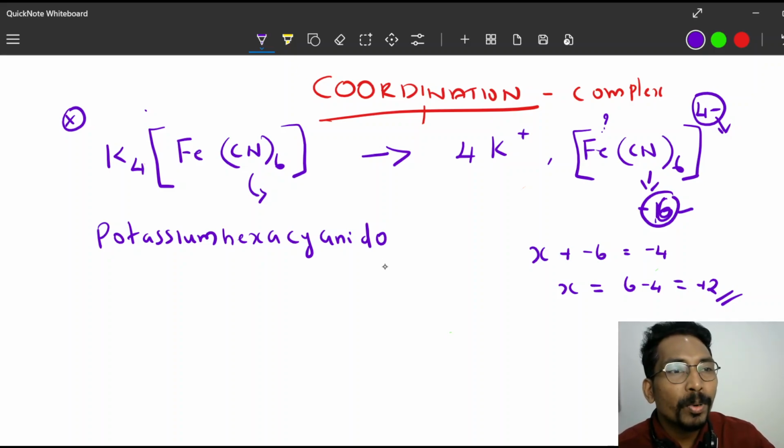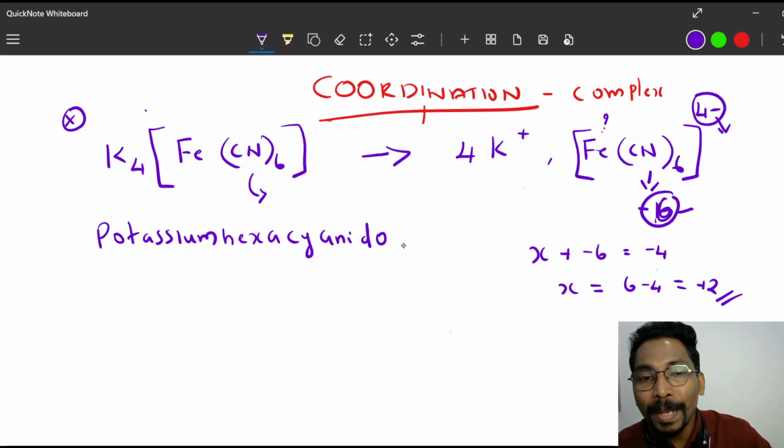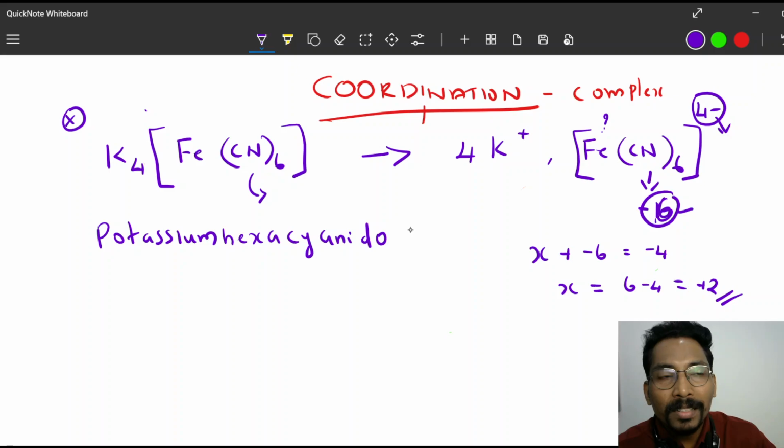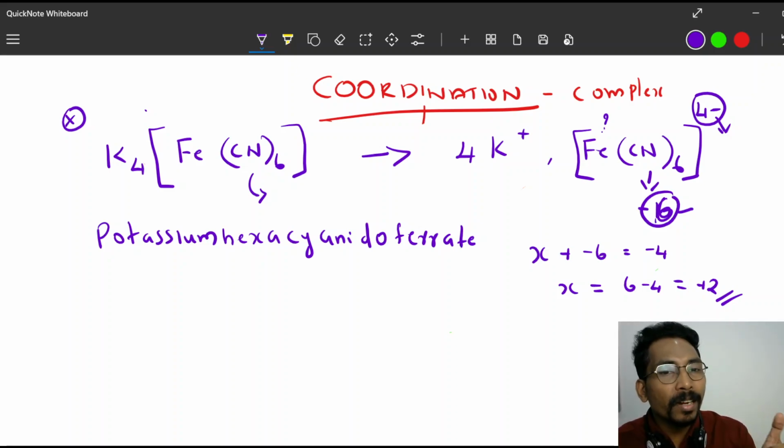Okay, so potassium hexacyanido. So how can you name the central metal atom? It is iron, right? But you have to write ferrate. Okay, why ferrate? The name of iron is ferrum. All of you know that. And why this ATE? Because the complex is negatively charged.